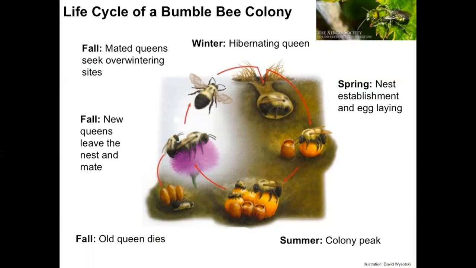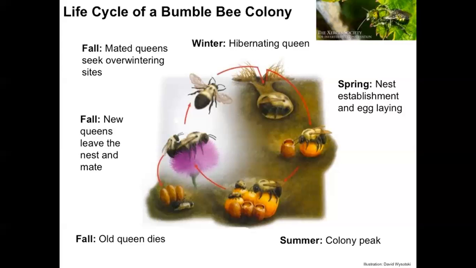In the spring, she wakes up, emerges, and searches for a suitable nest site. She typically picks, like we said, an abandoned rodent nest or some small cavity in the soil that's already created for her. In that space, she brings in moss and hair or grass, and there's only a single entrance. There's no entrance in and another exit out for safety. It's in and out the same entrance.